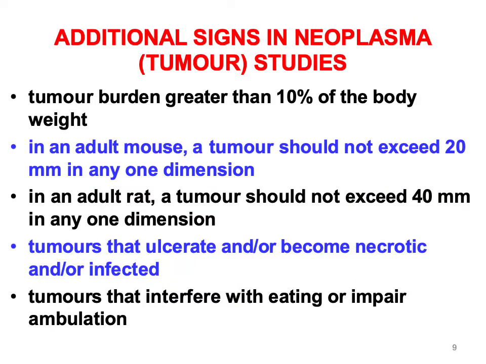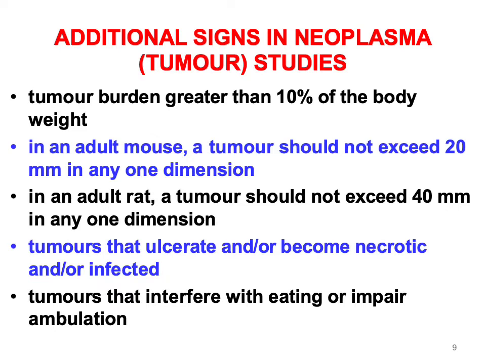In case of tumor studies, we have added additional signs in neoplasm tumor studies. If the tumor burden is greater than 10% of the body weight. In an adult mouse, a tumor should not exceed 20 mm in any one dimension.